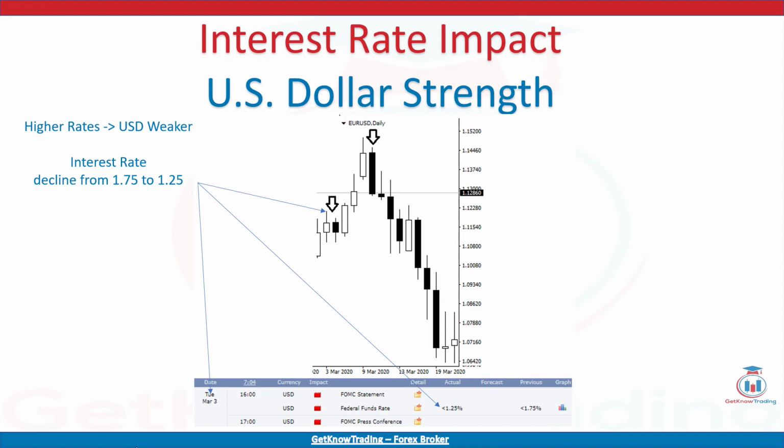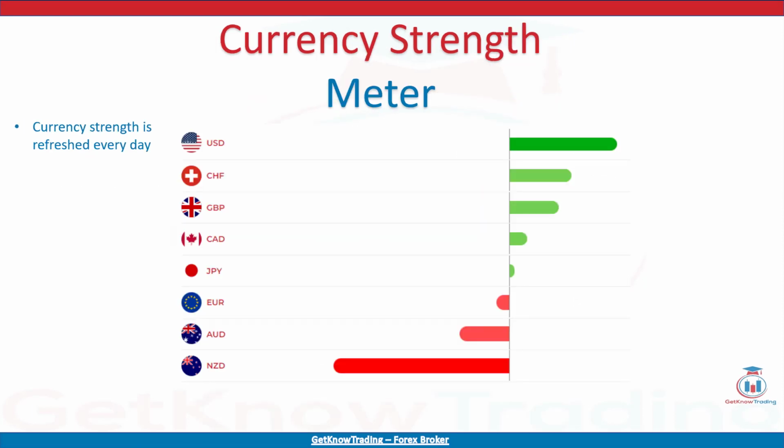Lower interest rates for US dollars makes the dollar less attractive to investors, so they move from US dollar in more attractive currencies. Because investors will make less money with lower interest rates. With money going outside of the US, the dollar becomes weak, and that weakness is visible as the Euro-USD pair price is rising. Let's check what is the dollar strength today.